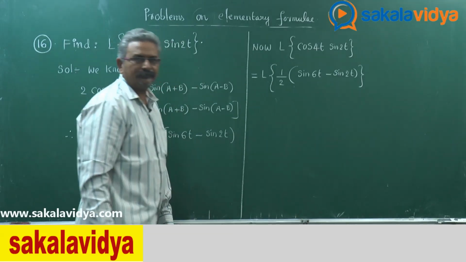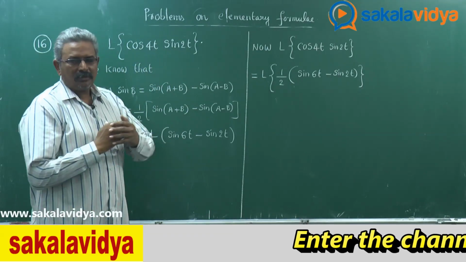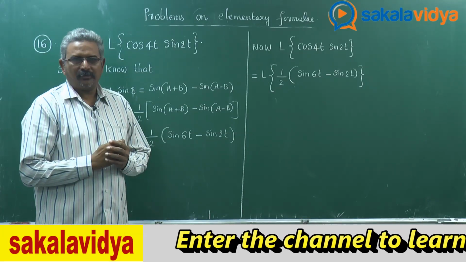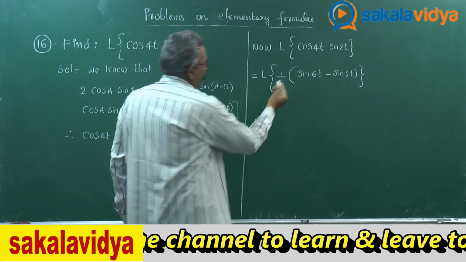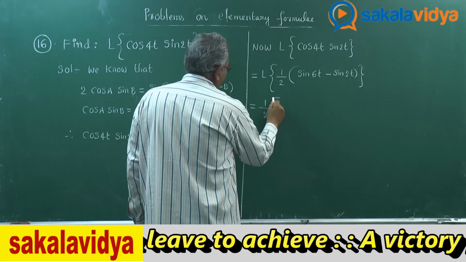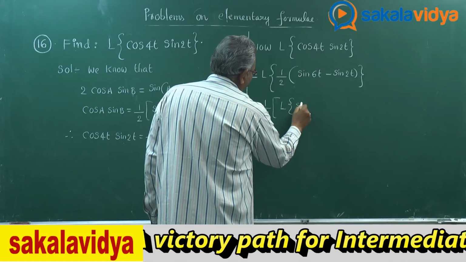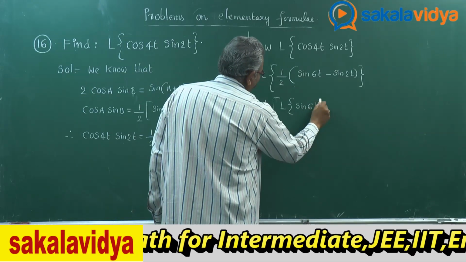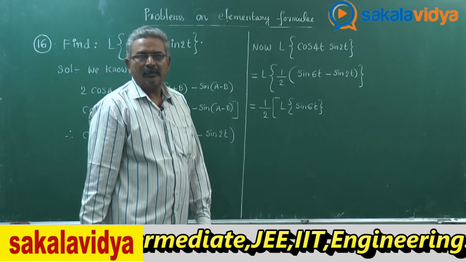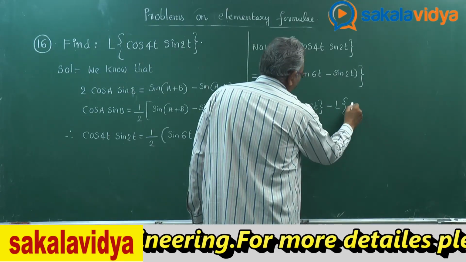Now it is time to apply the linearity property. Half is taken common out: half times the Laplace transform of sin 6t minus the Laplace transform of sin 2t.